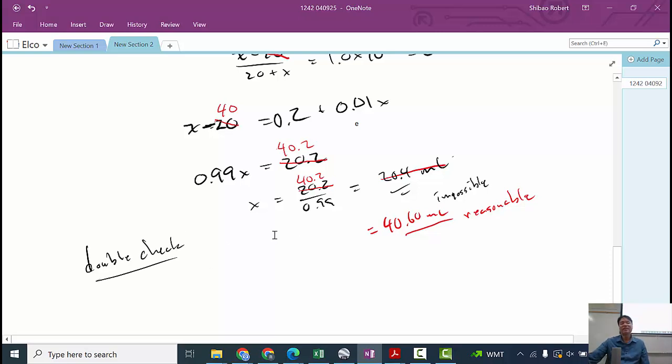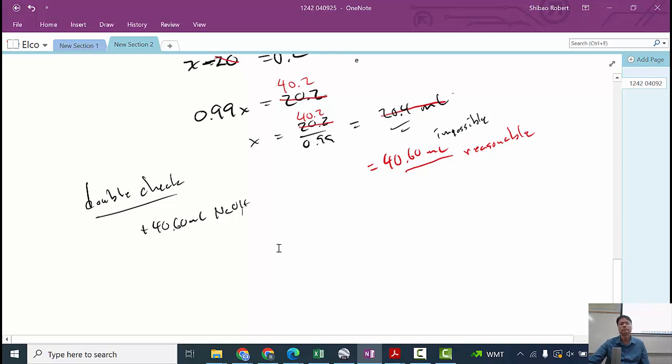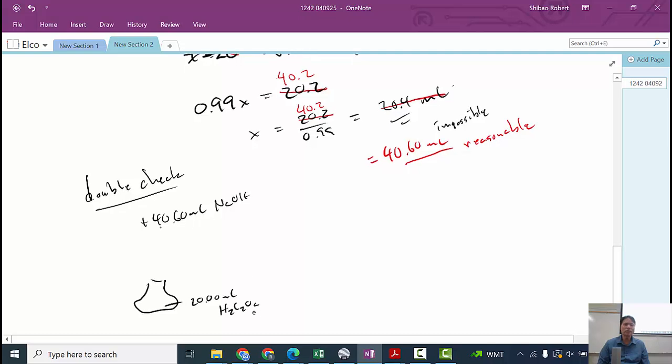Well, we're just going to plug it in and do the problem over again with plus 40.60 milliliters of sodium hydroxide. So what we'll have is our 20.00 milliliters of oxalic acid, and we're going to titrate it plus 40.60 milliliters.